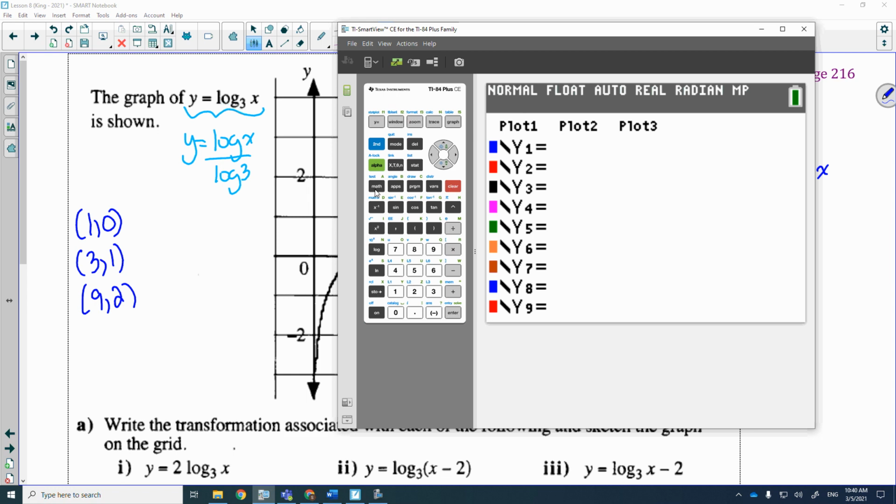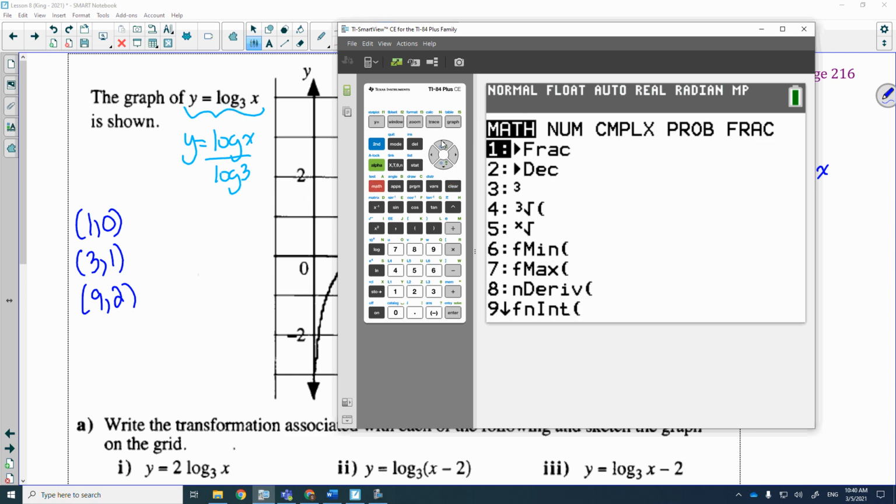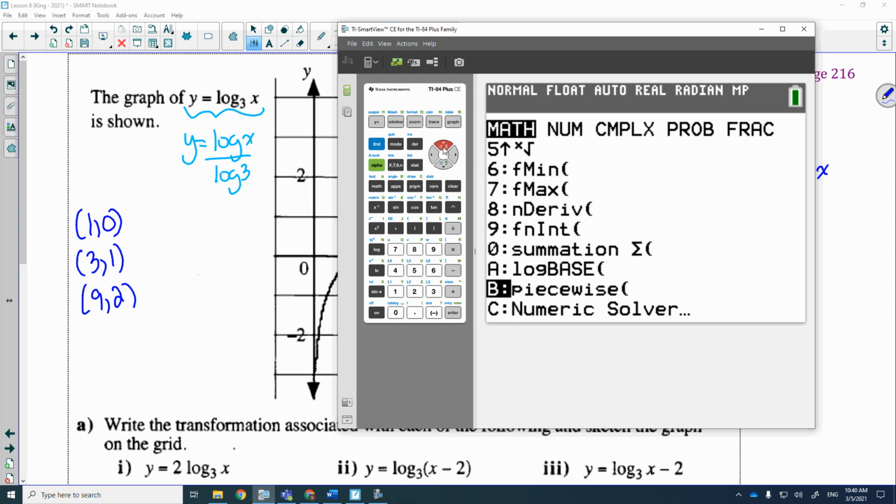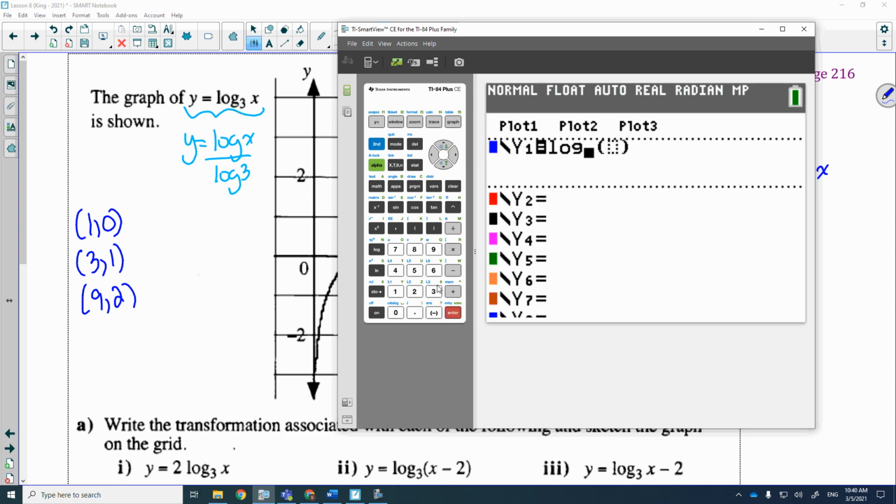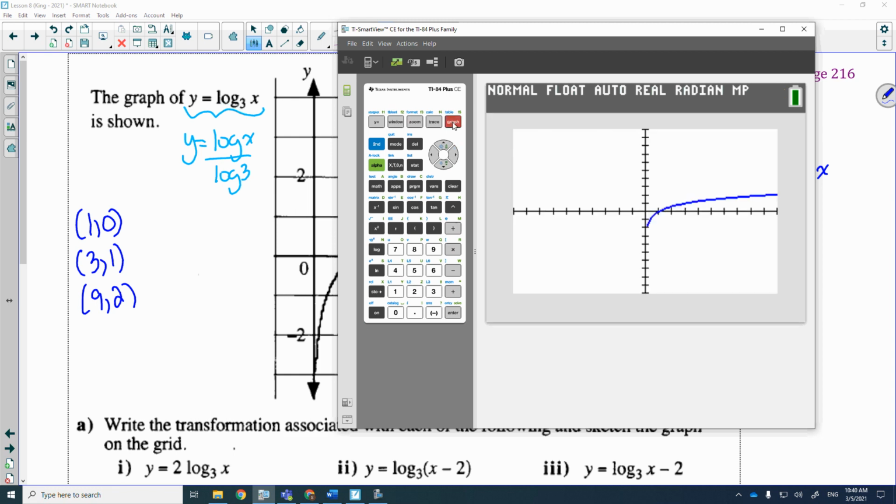I'm going to hit my math button, scroll up, and hit A. This will give you log, and we could enter any base you want, of x. Graph it, and we get that exact same graph. Okay, so you could do either on your test.